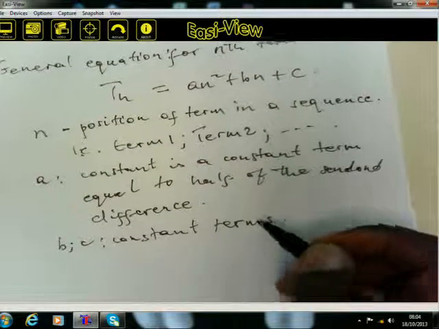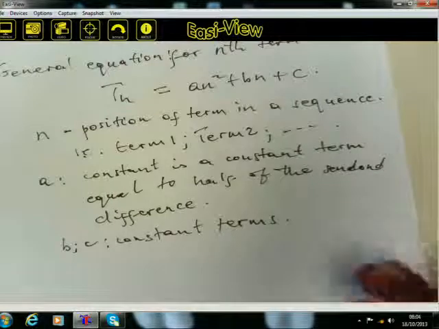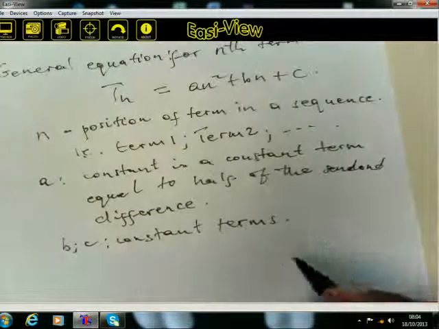Right. Now, let us go to the example of this quadratic sequence.